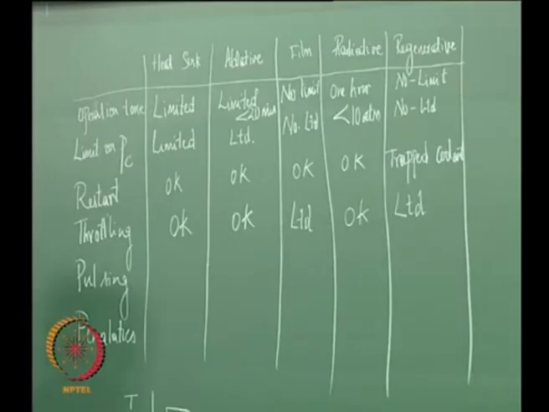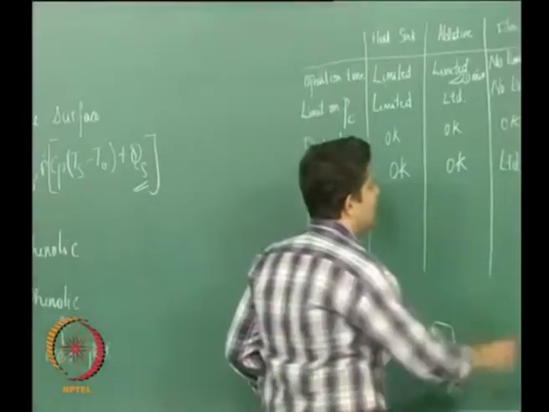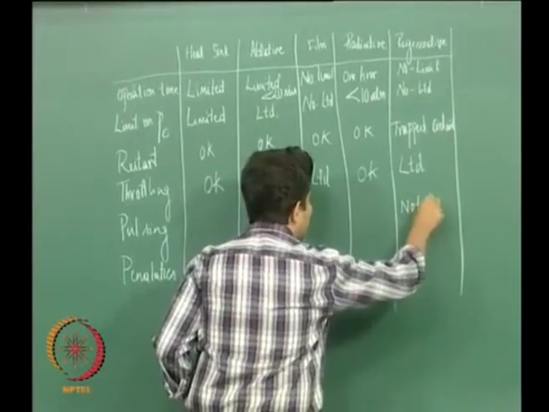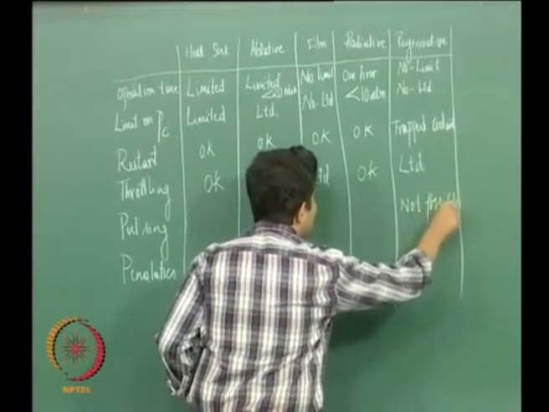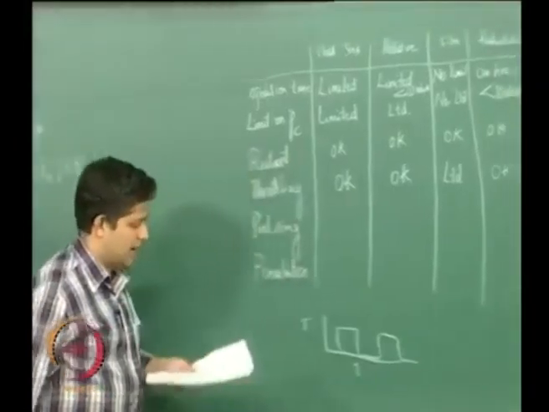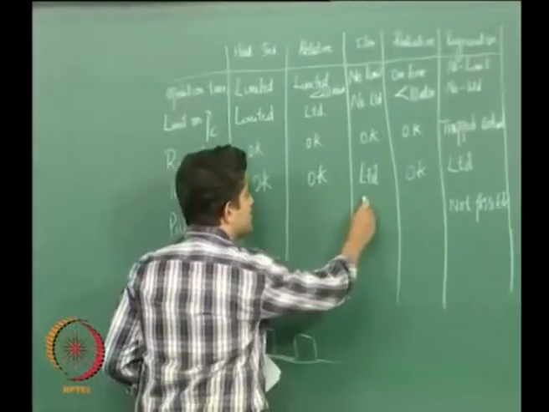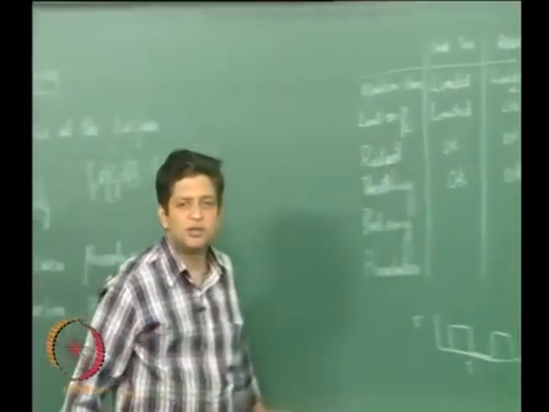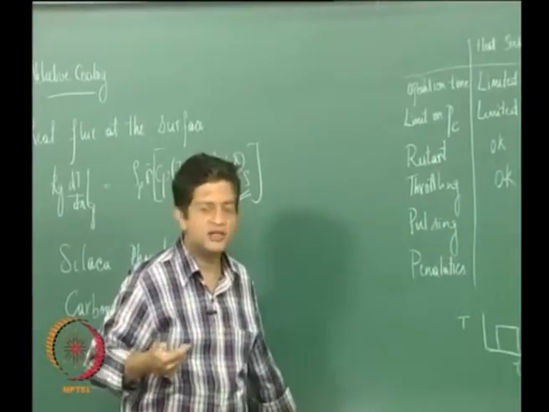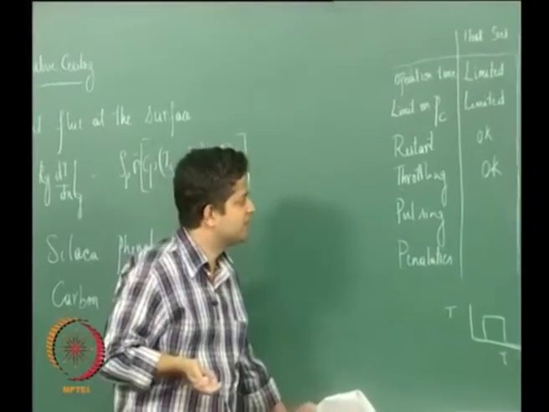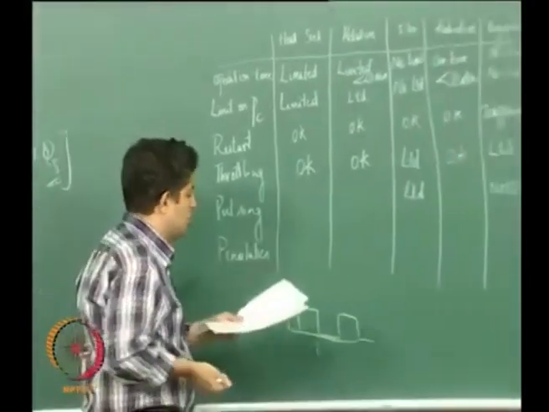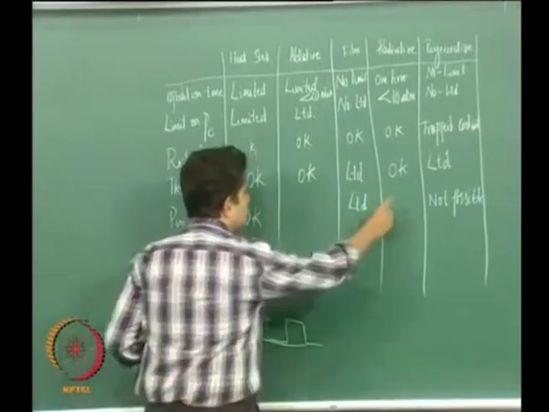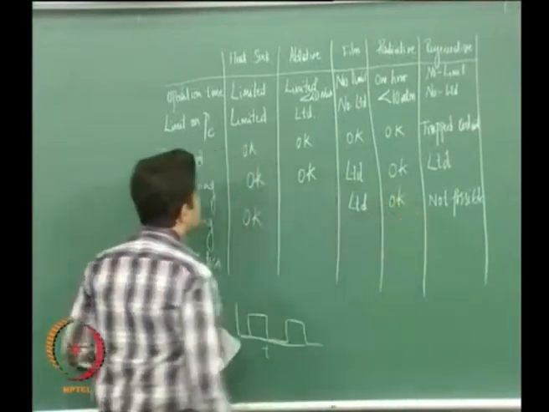And pulsing, in this case it is simply not possible. Okay, and this is in some sense again limited, because you have to have a flow on the surface of the chamber itself. But for all others this is fine, except of course ablative cooling.